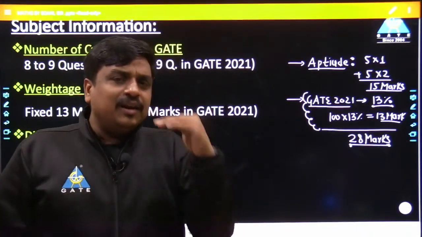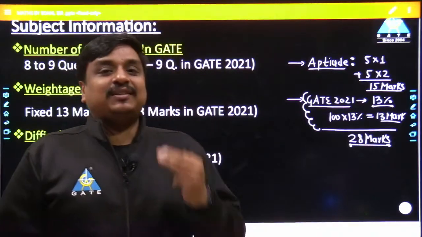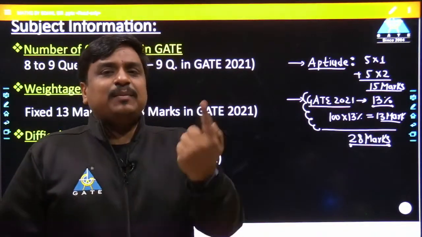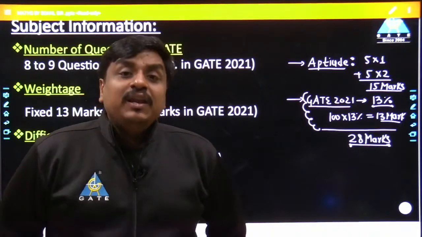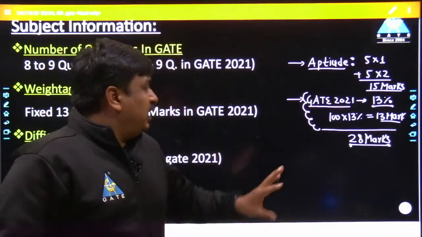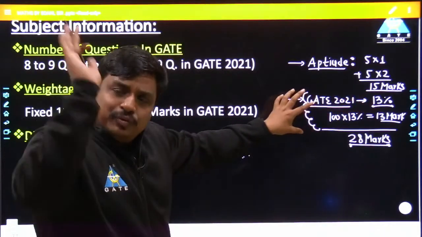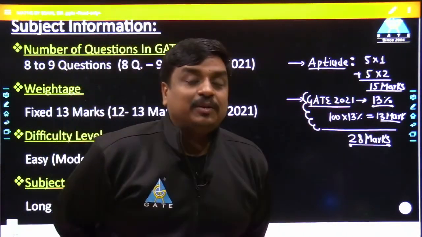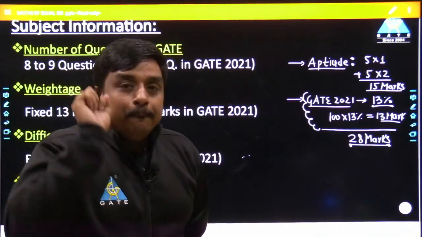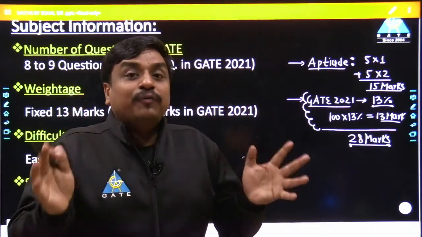So until and unless you are well acquainted with the tools of engineering mathematics like integration, differentiation, maxima, minima, probability, you would not be able to perform well even in your core subjects. So what I am saying is, this 13 marks makes a huge amount of sense in terms of its weightage itself, but yes, the concept of engineering mathematics is very important when you really want to understand the basic concepts of your core subjects.